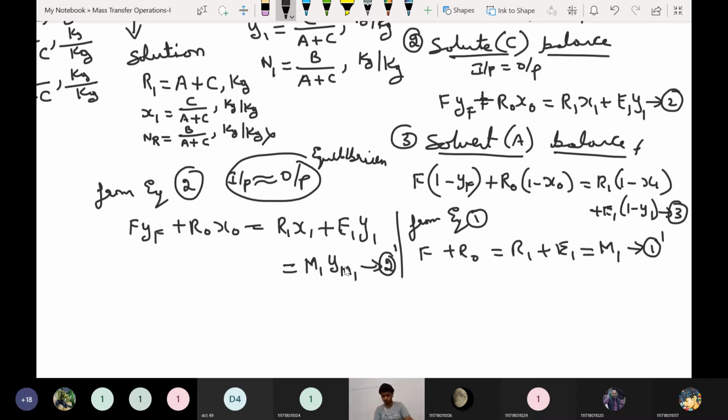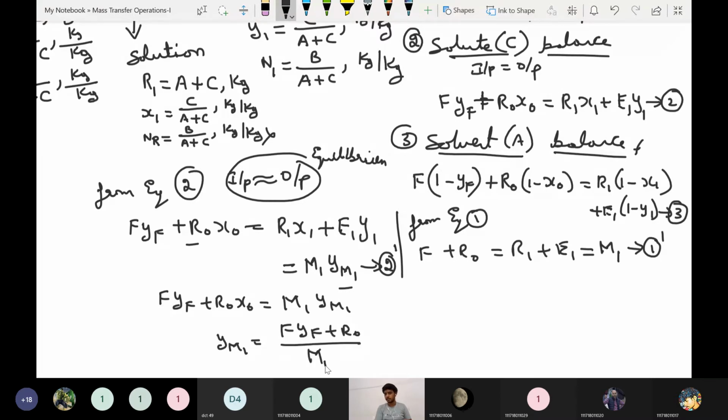So from this equation we can define Ym1. Equating these, F into YF plus R naught into X naught is equal to M1 into Ym1. So Ym1 is equal to F into YF plus R naught into X naught divided by M1. This is one important equation.